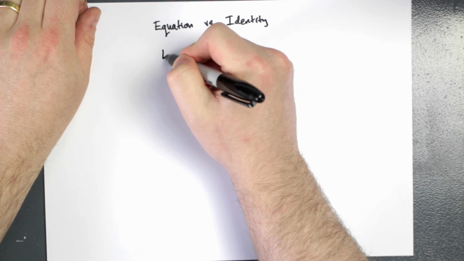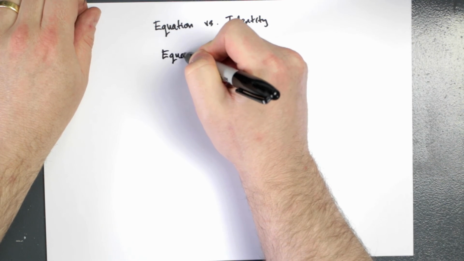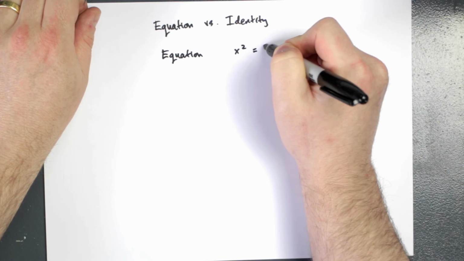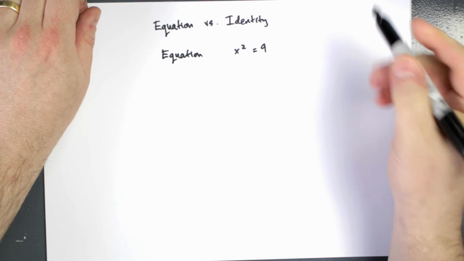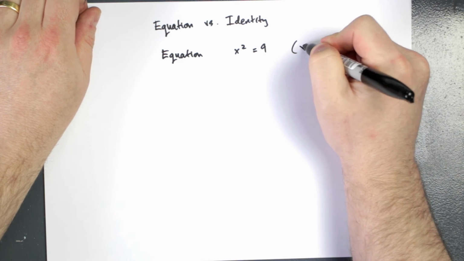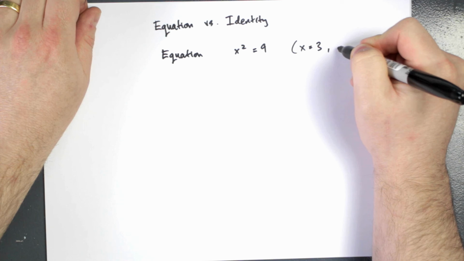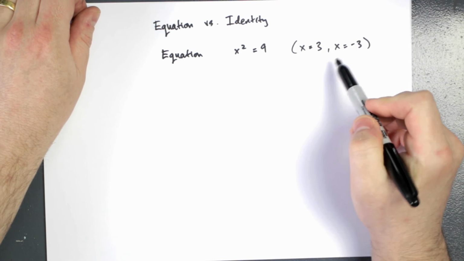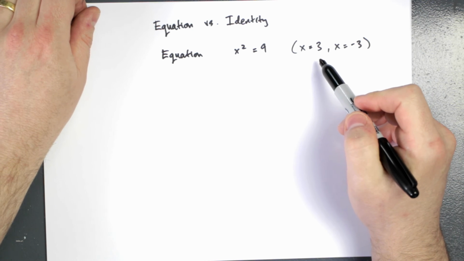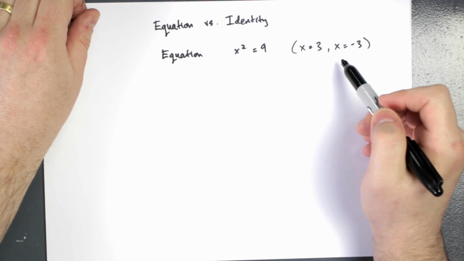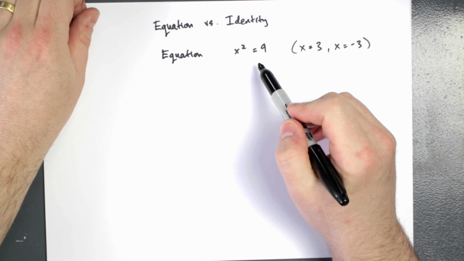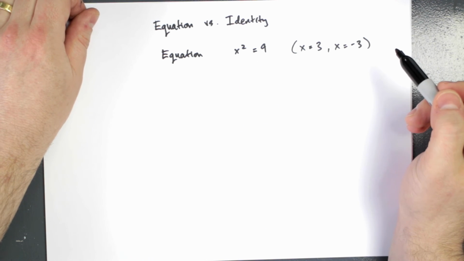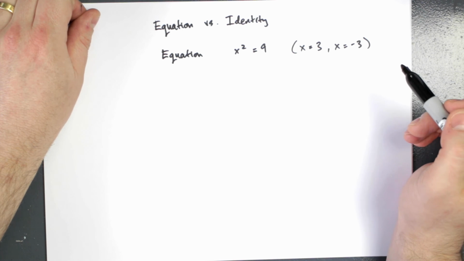So an example of an equation, a very simple one, could be x squared equals 9. Okay. And hopefully you can immediately tell me that x is either equal to 3 or x is equal to minus 3. Okay. So this equation implies that x has one of these two values. This is not true for all x, it's true for some specific values of x. So that's what we would call an equation.